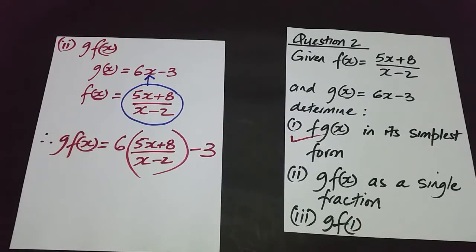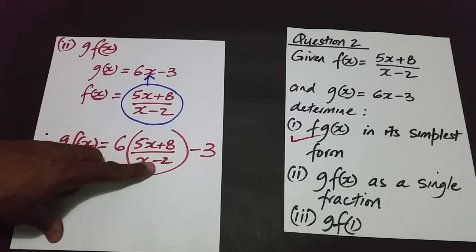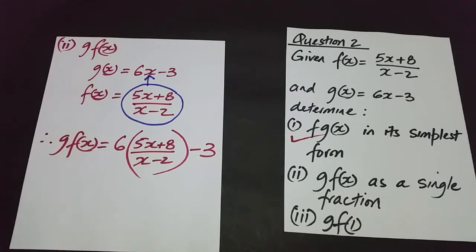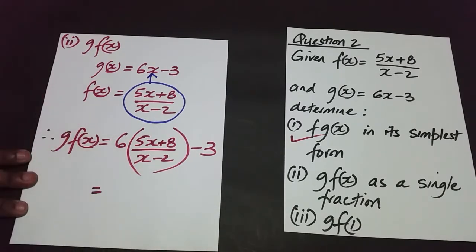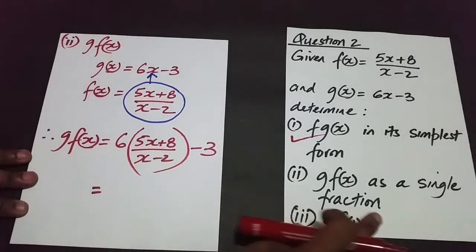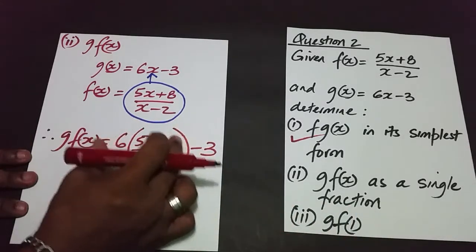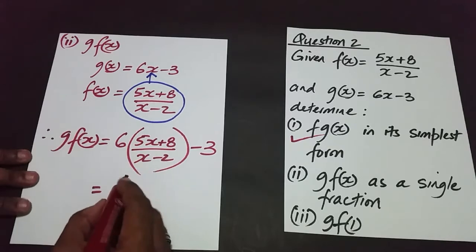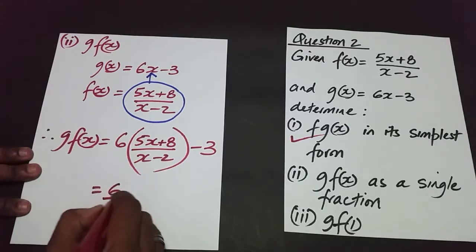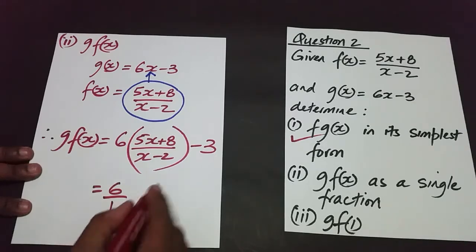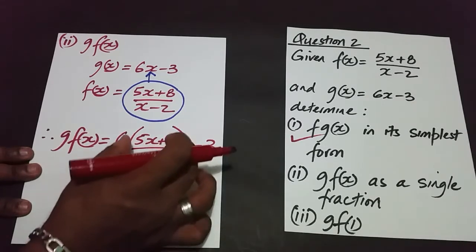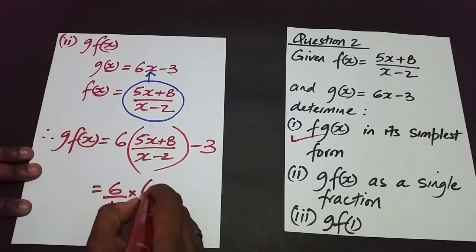So I have to be extremely careful with this one now, because I've seen over the years students make many errors with this step. Now we have to bear in mind that in order to write it as a single fraction, we have to do some tidying up with this region first. Now remember that the 6 can be written in fraction form. 6 is the same as 6 over 1. Now what we're actually doing is multiplying numerators by numerators.